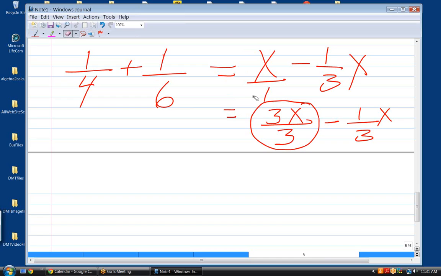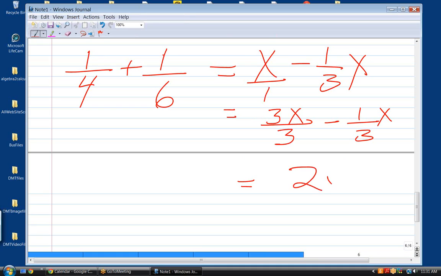So my common denominator is 3. Now that I have a common denominator, I can just act on the numerators. What's 3x minus 1x? 2x. There's still a 3 under there. So I've just shown why when you start with a whole x and you subtract 1/3 of an x, you end up with 2/3 of an x.